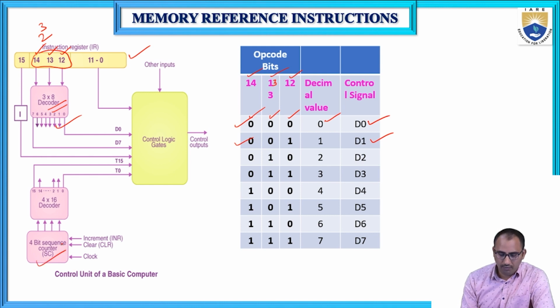This is a 4-bit sequence counter, which generates 16 timing signals, T0 to T15, and the control signals are D0 to D7. Using these timing and control signals, the corresponding operation will be performed. D0, D1, and the next one is 010.